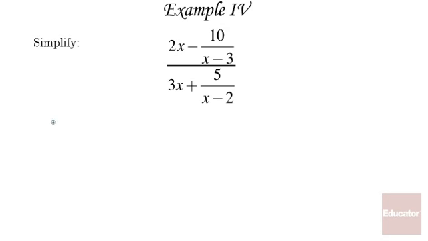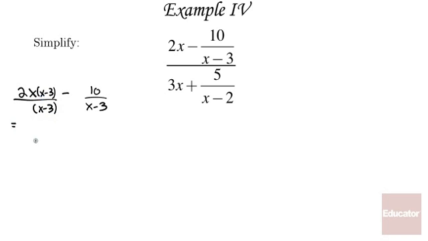So let's take care of the numerator first: 2x minus 10 over x minus 3. In order to make this a rational expression instead of a mixed expression, I'm going to multiply 2x over 1 times x minus 3. I'm going to multiply both the numerator and the denominator times x minus 3.